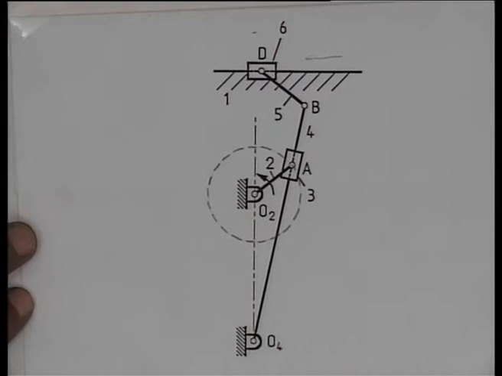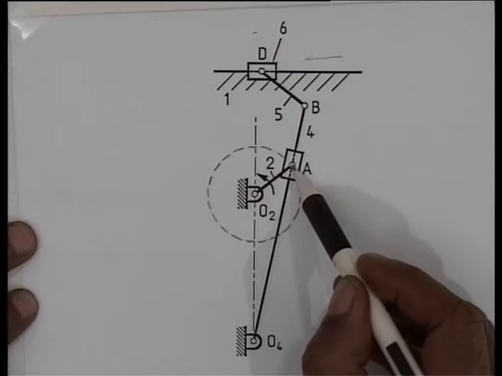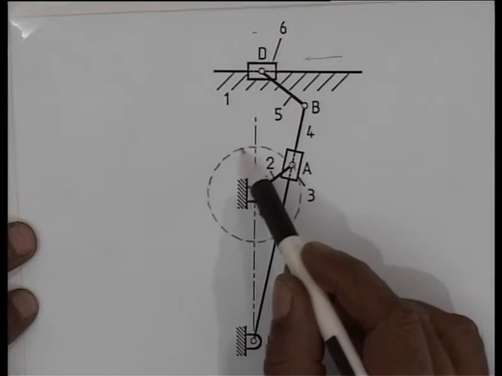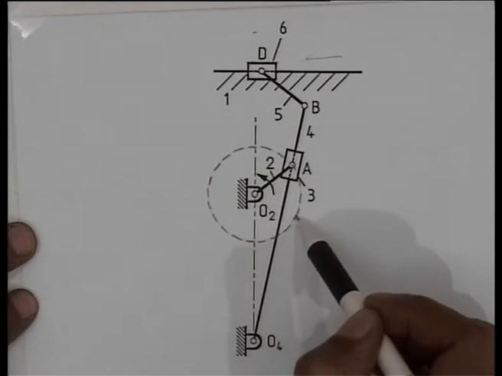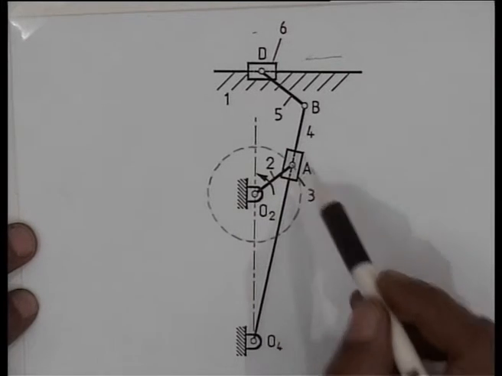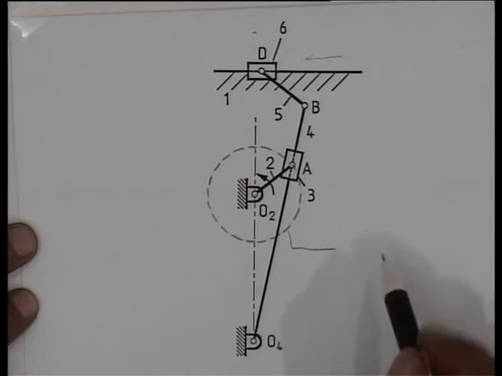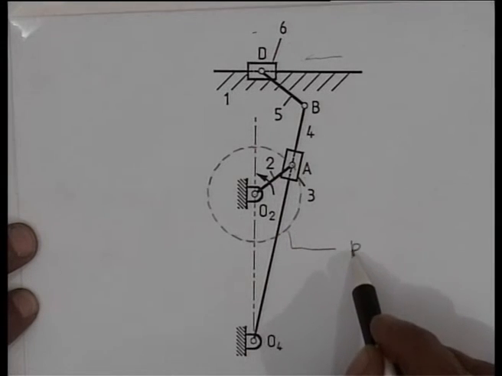To analyze the problem, let me first note that this point A moves along this circle whose center is at O2 and the radius is O2A. That is, this circle represents the path of the point A and I call it Ka.